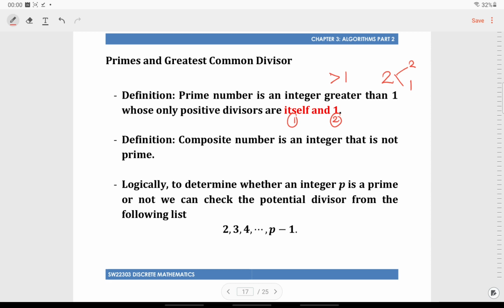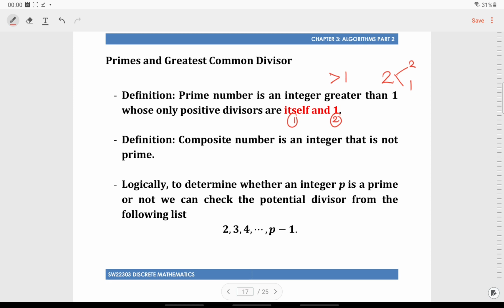So 2 satisfies the condition to be a prime number. So what is the next prime number? 3, because 3 can be divided by only two integers, which are 1 and 3. So 3 is a prime number.